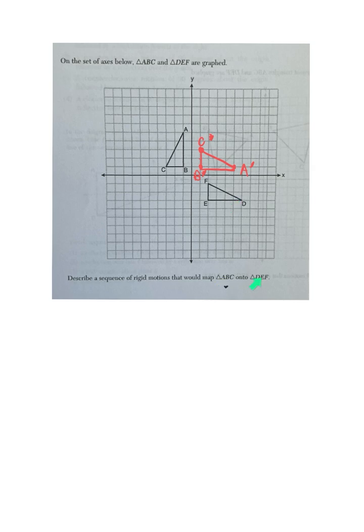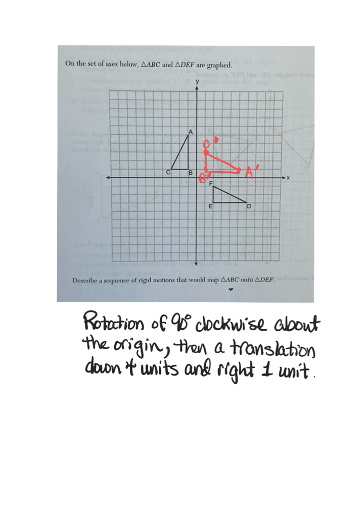Then B goes to E. So B, 1, 2, 3, 4, and to the right one. And the same thing would happen with C prime and F. Okay, so let's write it up. And there would be your answer. Rotation of 90 degrees clockwise about the origin, then a translation down 4 units and right 1.